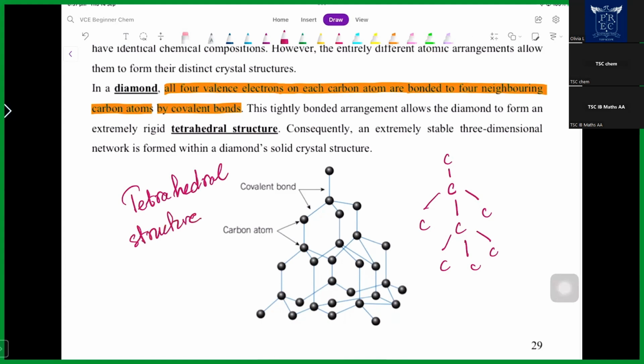It is extremely rigid and stable in a 3-dimensional network.